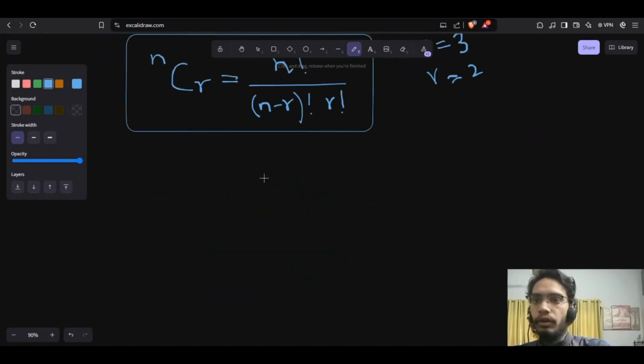If I put all of this in our formula, we have 3 factorial over (3 minus 2) factorial and 2 factorial.